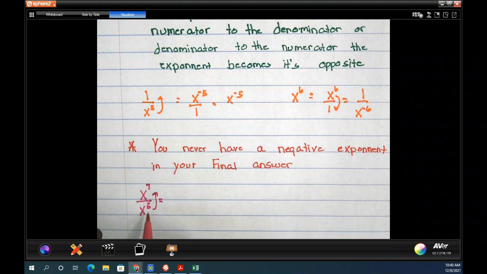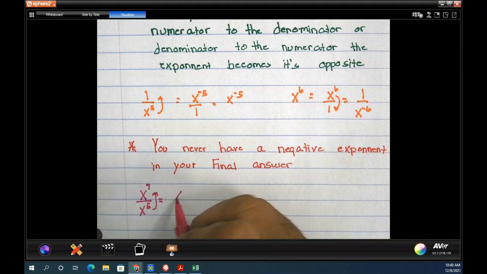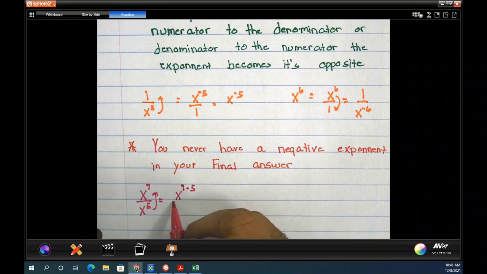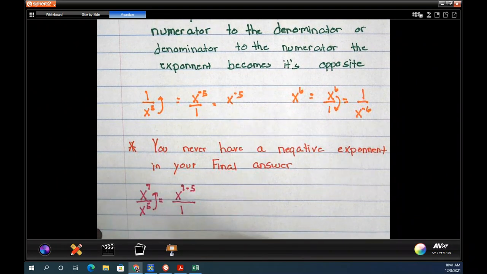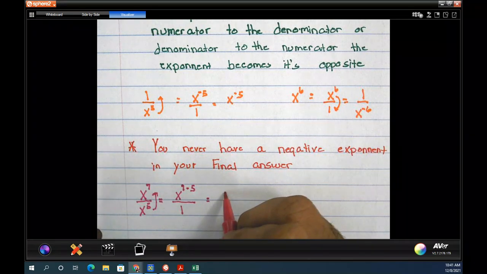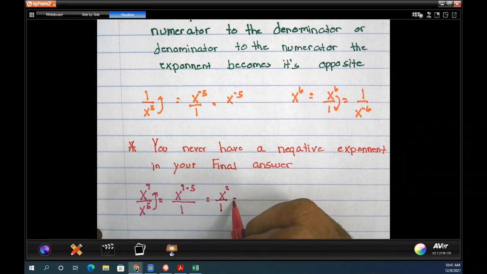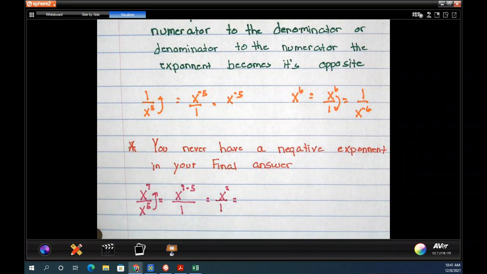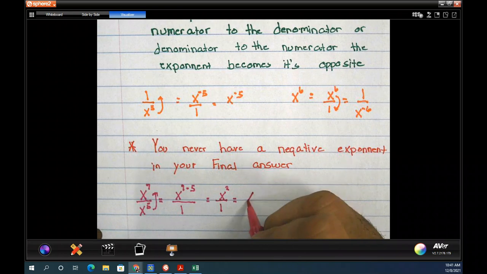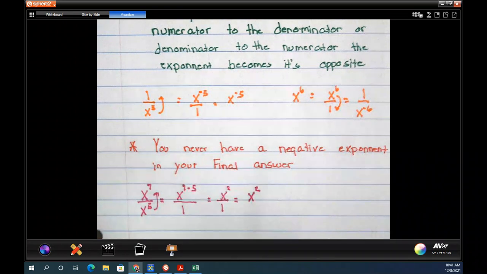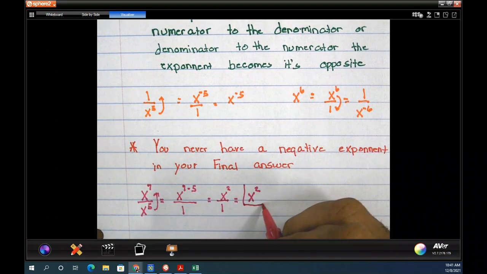When we move it up here, what is it going to become? Negative. So it's x to the 7th, and they're alike, minus 5, all over 1, because the coefficients in both of these are 1. Now, 7 minus 5 is 2. So that's x squared over 1, which is just equal to x squared. That's your answer right there.